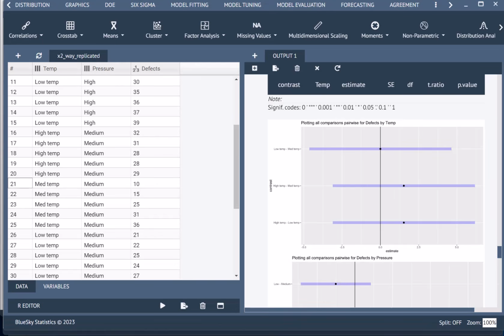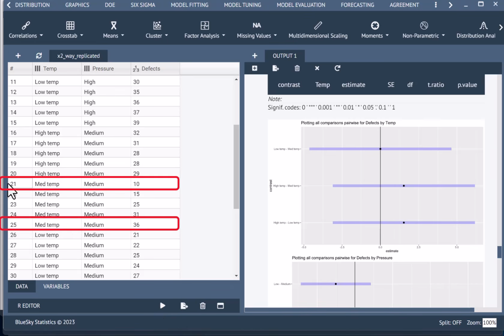So you might take a look at observation 21, yes, and 25. So you see observation 21, medium temperature, medium pressure, 10 defects. That's much lower than expected. And observation 25, medium temperature, medium pressure, 36 defects. That's quite a bit higher than we'd expect. We might want to look at why that might happen.